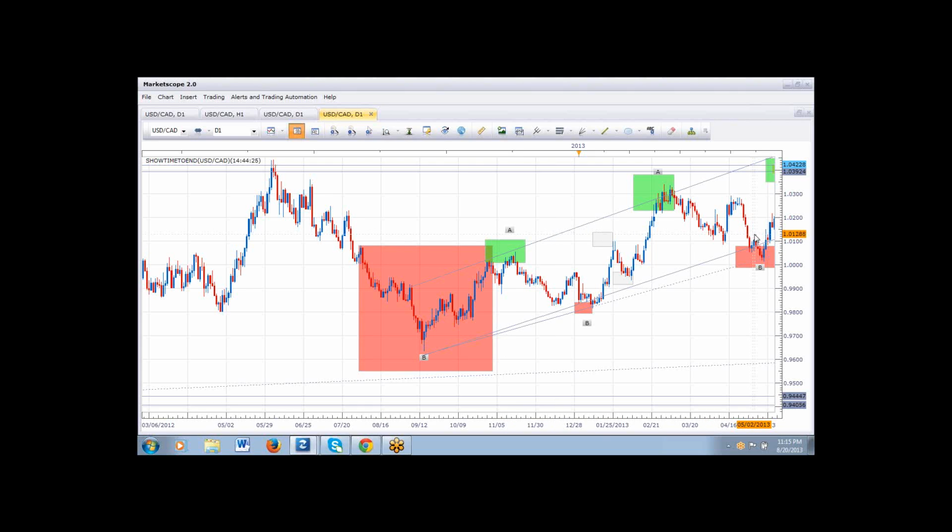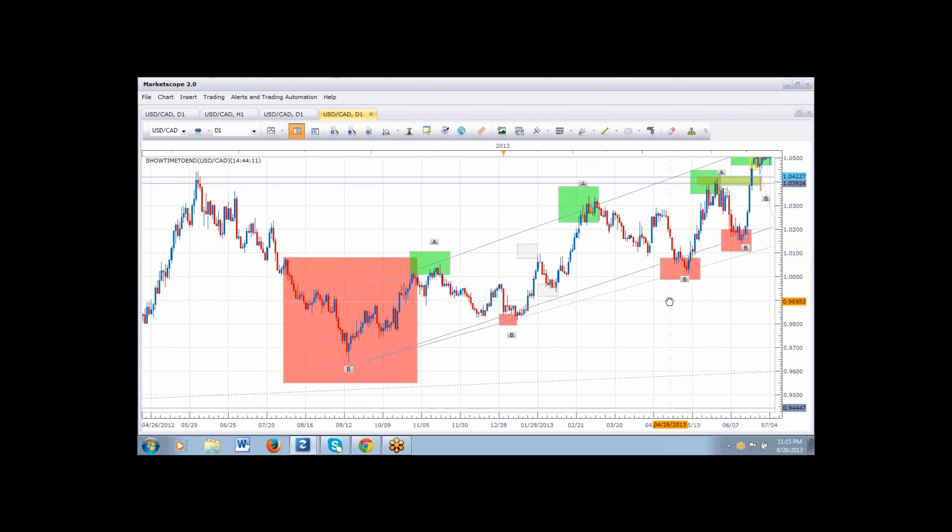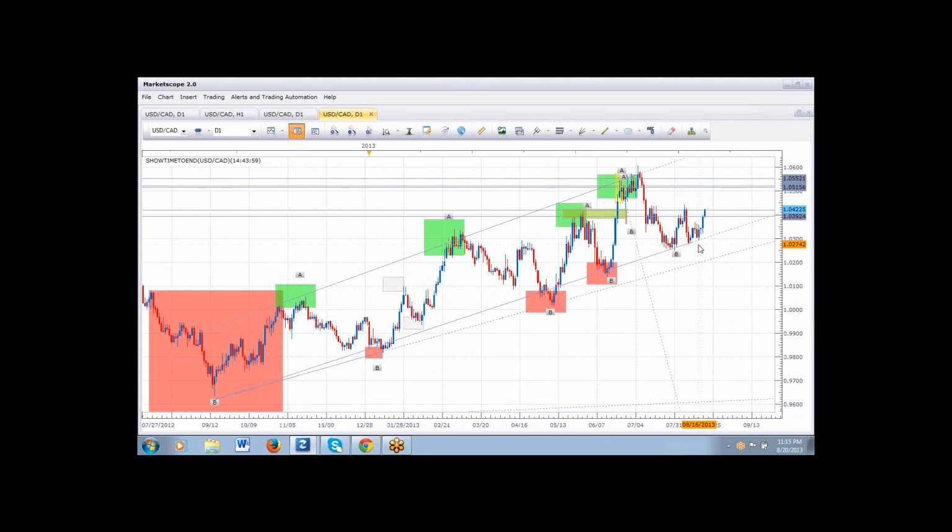If it gets tested more than 2 or 3 times, then the probability that it could break out to the downside even further on the 3rd or 4th try is highly probable based on statistical data, based on price. Can it happen all the time? No, not really. But in this particular case, if you notice here, part of your consolidation from here, here, there's that empty space from this point.